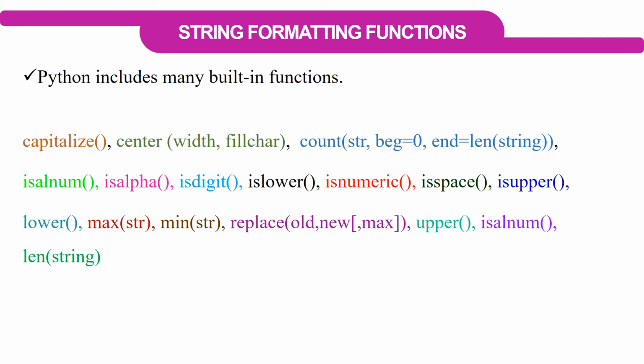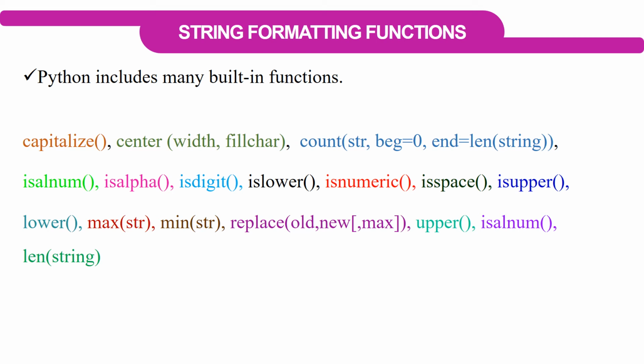It returns a space-padded string with the original string centered to the total width of the column. The next one is count(str, beg=0, end=len(string)). It counts how many times the substring occurs in the string, with starting index beg and ending index end.